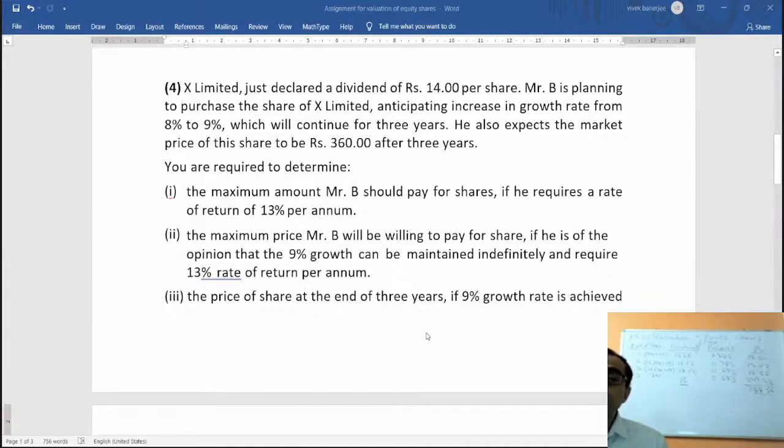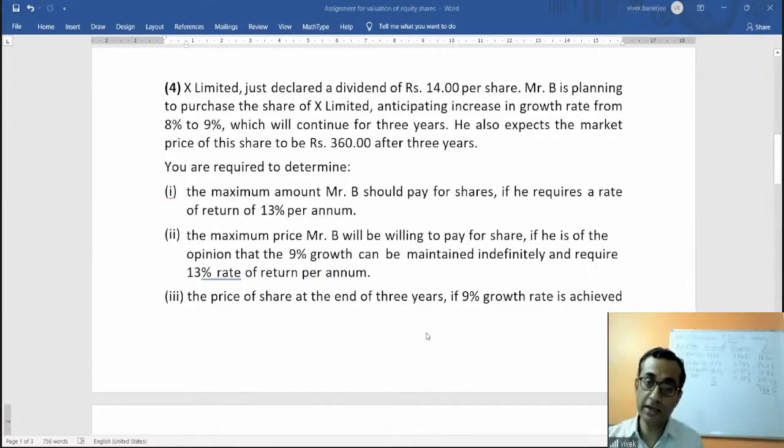So in this case, it is clearly mentioned that the 9% growth rate will be maintained indefinitely, or till perpetuity, or for a very long time. So the D1 upon KE minus G formula can be safely used in this particular case. So this second question is comparatively easier to solve. So let us solve this, the second part of this question number 4.